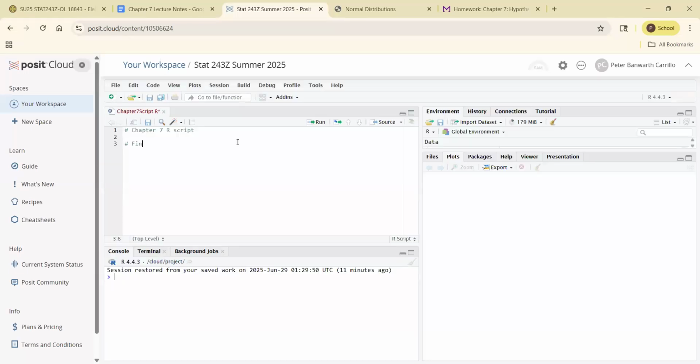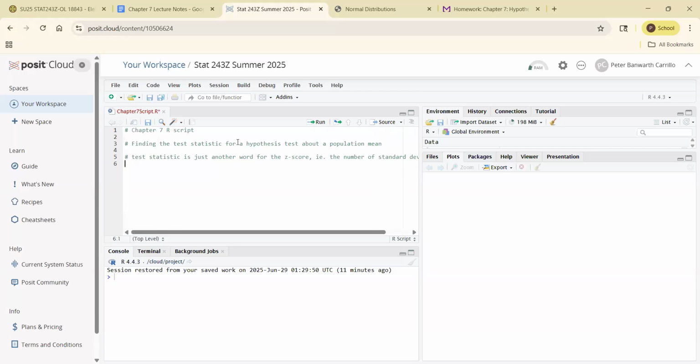Okay, so finding the test statistic for a hypothesis test about a population mean. The first thing to keep in mind is the test statistic is just another word for the z-score, i.e. the number of standard deviations away from the mean.